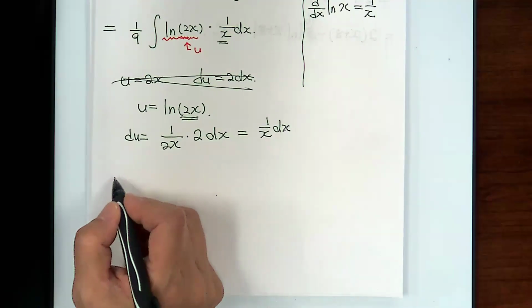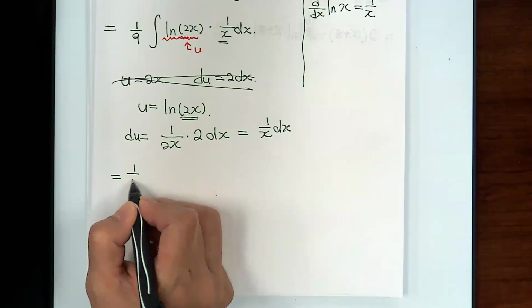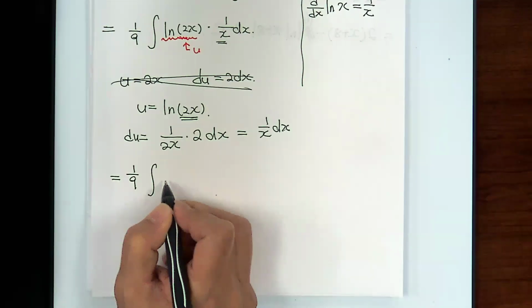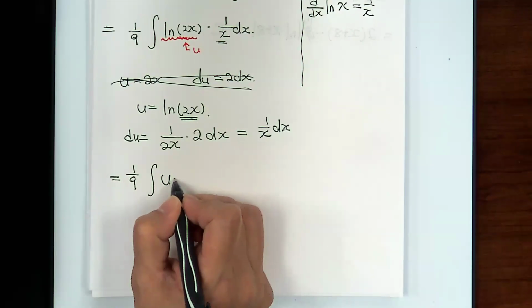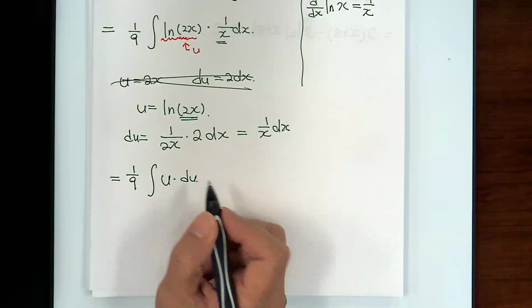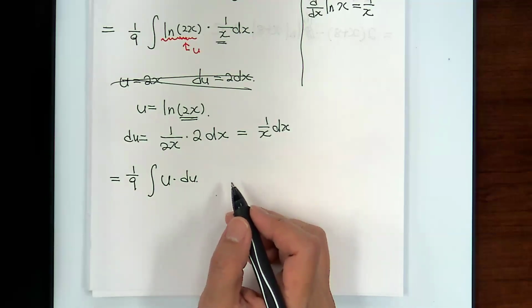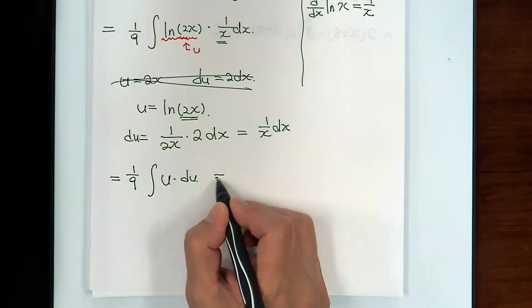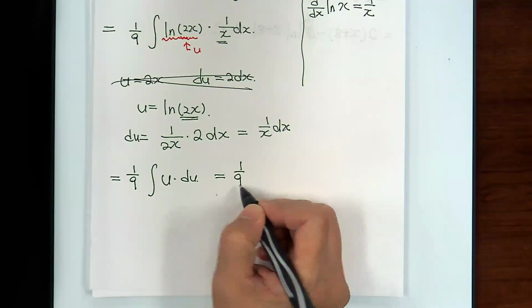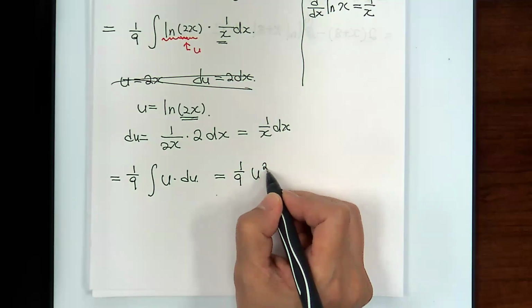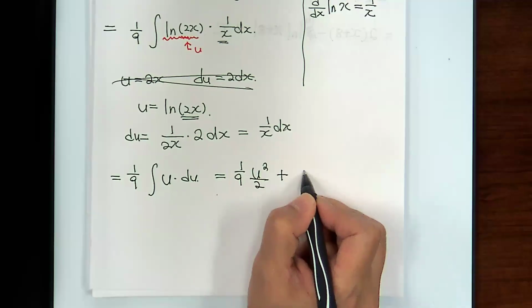So we can write it as 1 over 9 times the integral of u du. So that is 1 over 9 times u squared over 2 plus c.